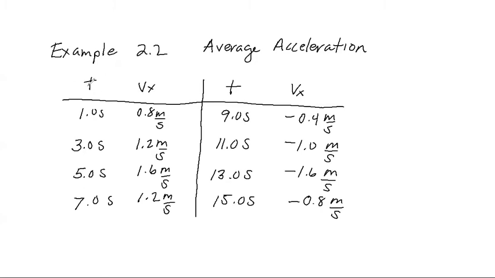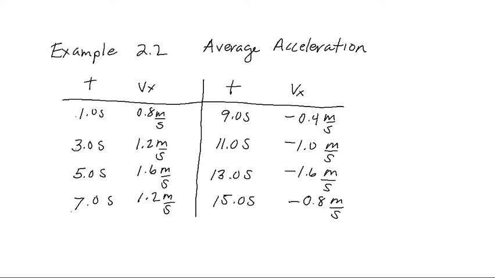So now we have 8 measurements of her velocity at 8 different times. We have 1.0, 3.0, 5.0, 7.0. It looks as though we are skipping 2 seconds every measurement.